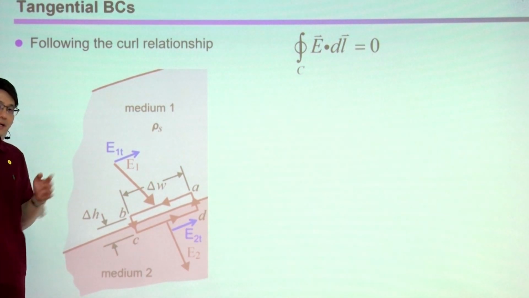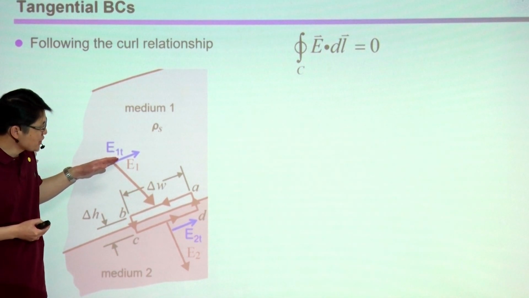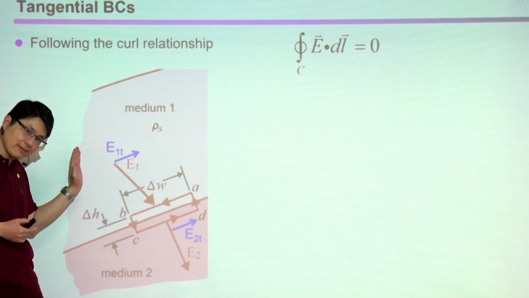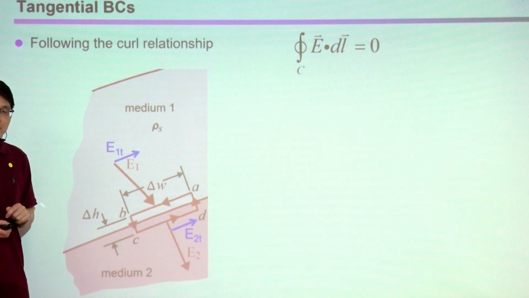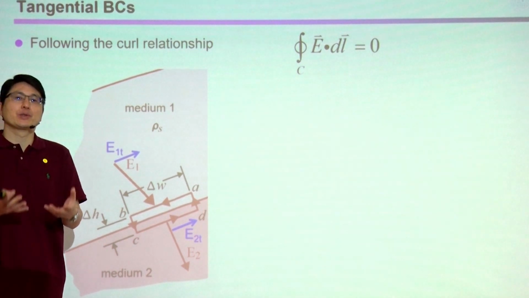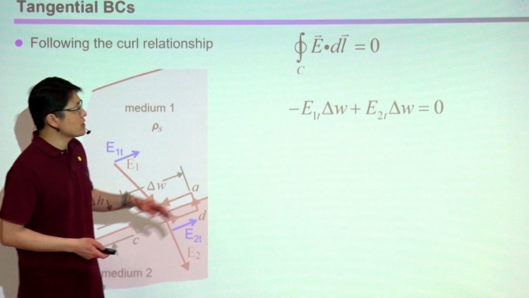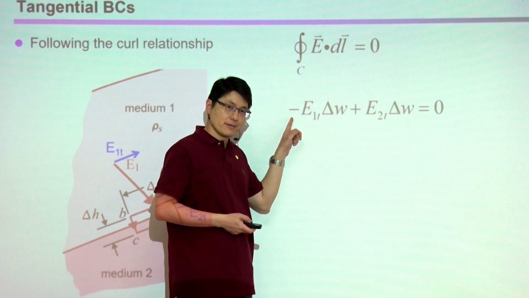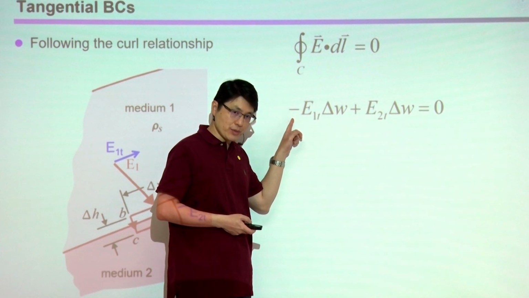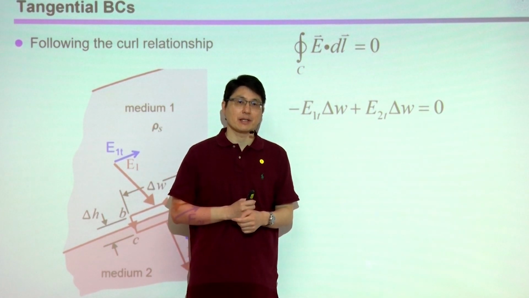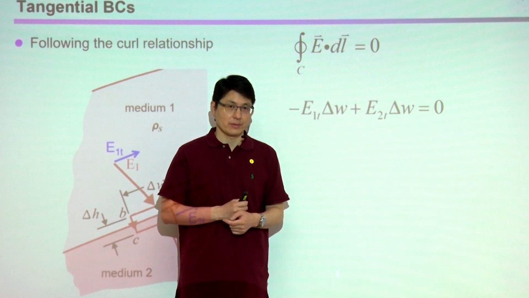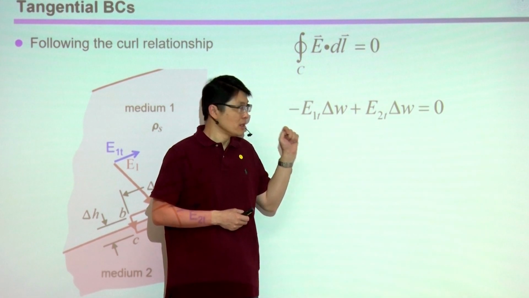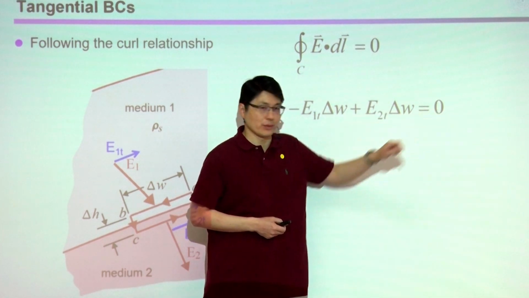Okay? But I have assumed my tangential field inside medium number 1 is still pointing from the left to the right. So when I perform this integration, I need to include the negative sign for the contribution in medium number 1. Okay, so there is a negative sign. So these 2 add up to 0.